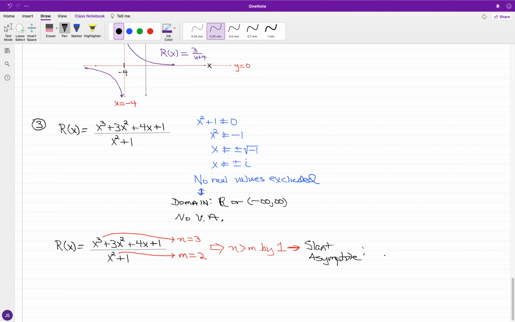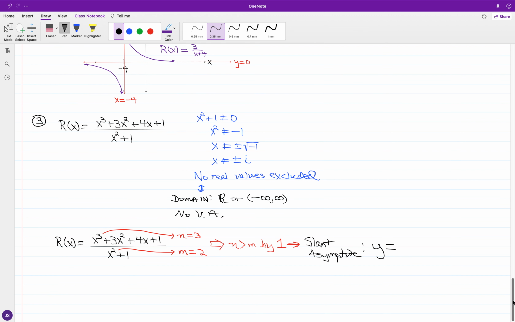And in terms of what this slant asymptote is going to be, this is going to come from polynomial division. And you have the divisor x squared. And even with divisors, you can use zeros for placeholders. I did not use it before, but you can use it.